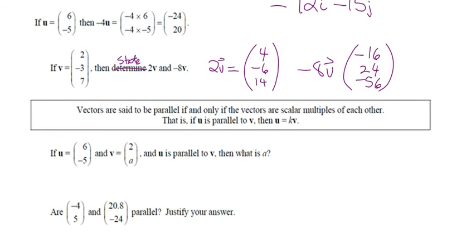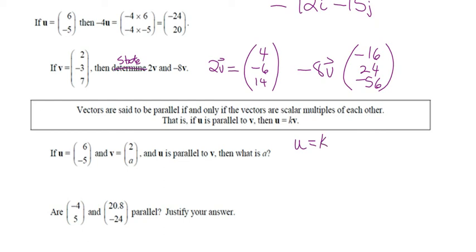Vectors are said to be parallel if and only if, another biconditional, the vectors are scalar multiples of each other. That is, if u is parallel to v, then u is equal to kv. If u is 6, negative 5 and v is 2, a and u is parallel to v, then what is a? Negative 5 over 3. 6 divided by 2 is 3.